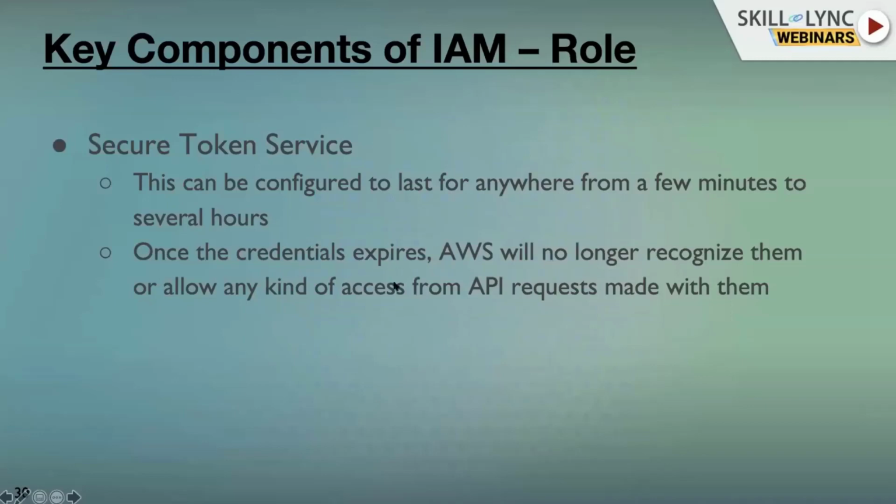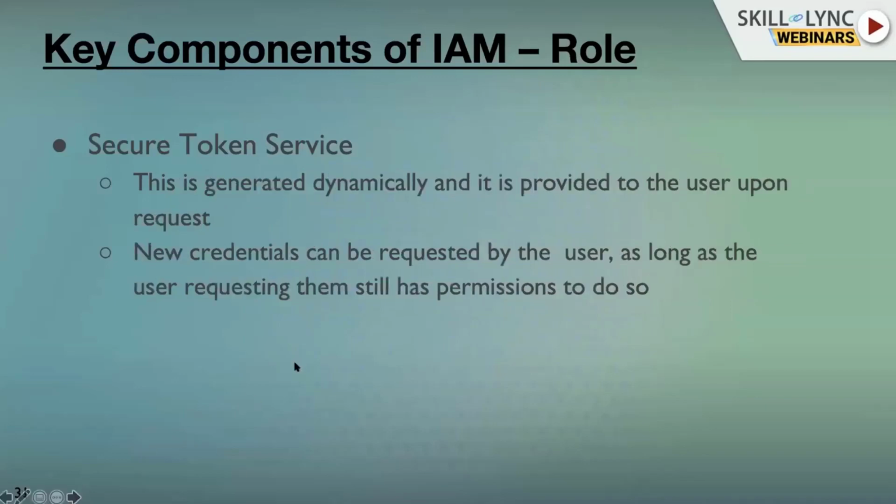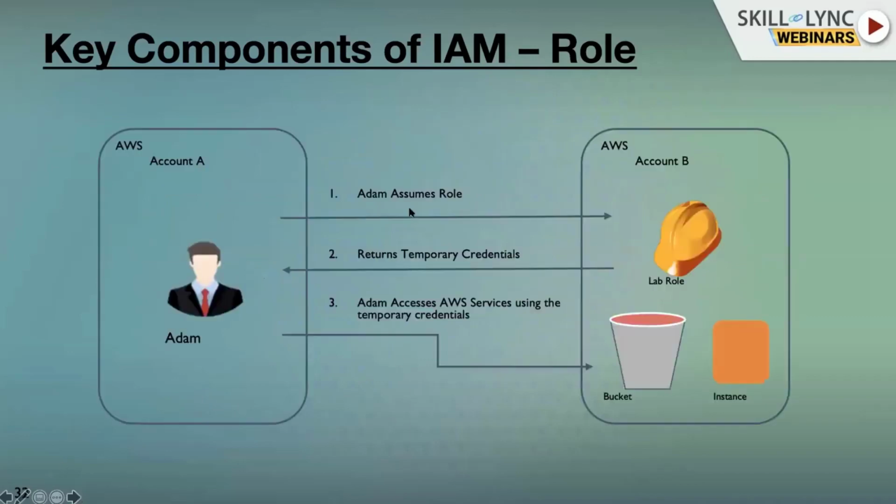Once the credential expires, I can again run the assume role command within the CLI, and it regenerates a new set of credentials and I start using it. This happens automatically. So this is how an IAM role works.